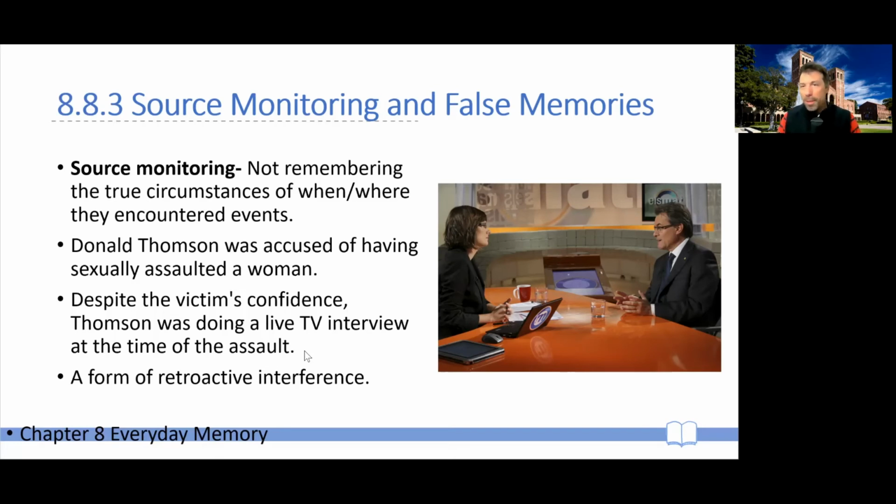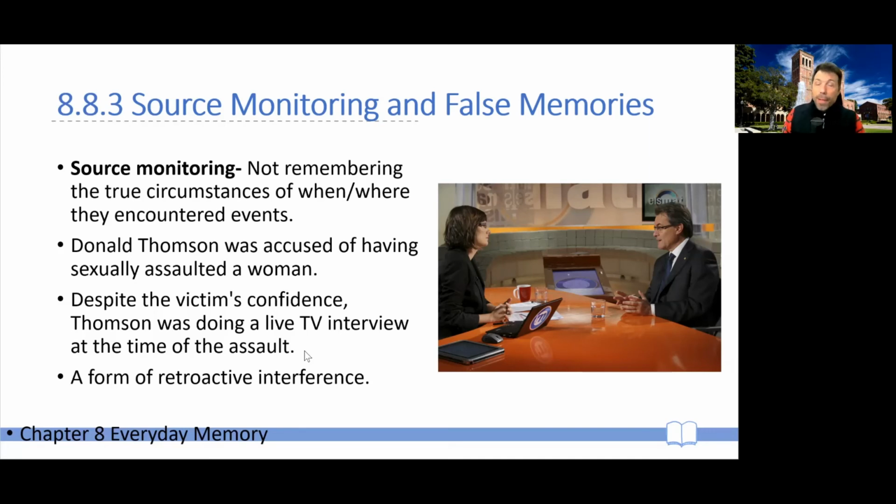The most bizarre and incredible example of this is the example of Donald Thompson, the gentleman you see portrayed here on the right. Now, he was accused of having sexually assaulted a woman. And the victim, of course, reported a very vivid memory of it, as often happens, particularly for any type of memory that is very traumatic and very emotionally charged.